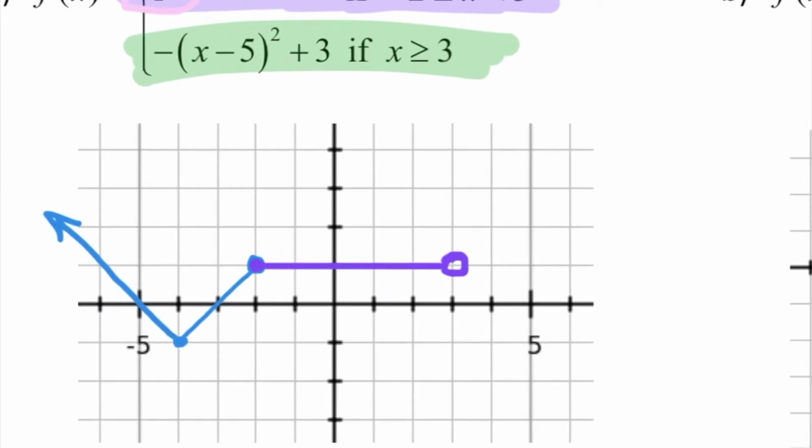So I'm going to put a point up at 3, and we found in the Desmos graph that it has points at 4, 2, and 6, 2, and then 3, negative 1. So this is going to be a closed circle because of the equal sign here. And this graph is going to kind of go like this, and then like this.